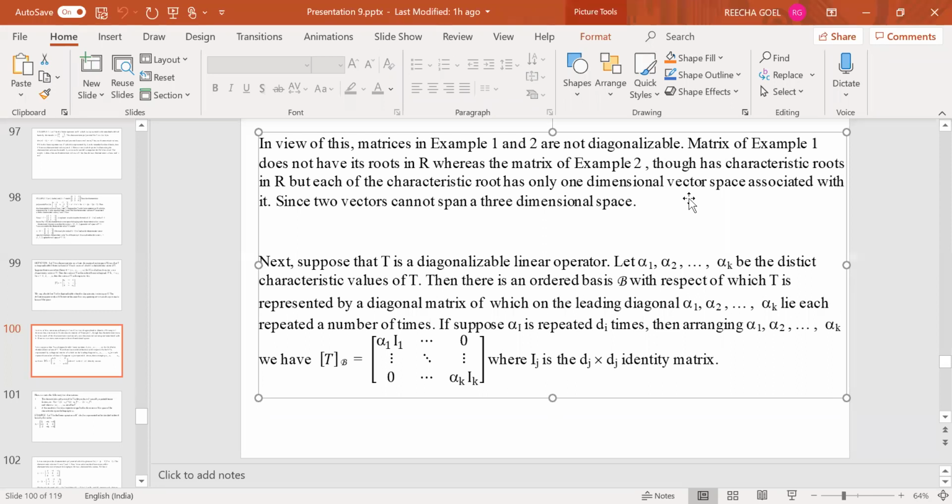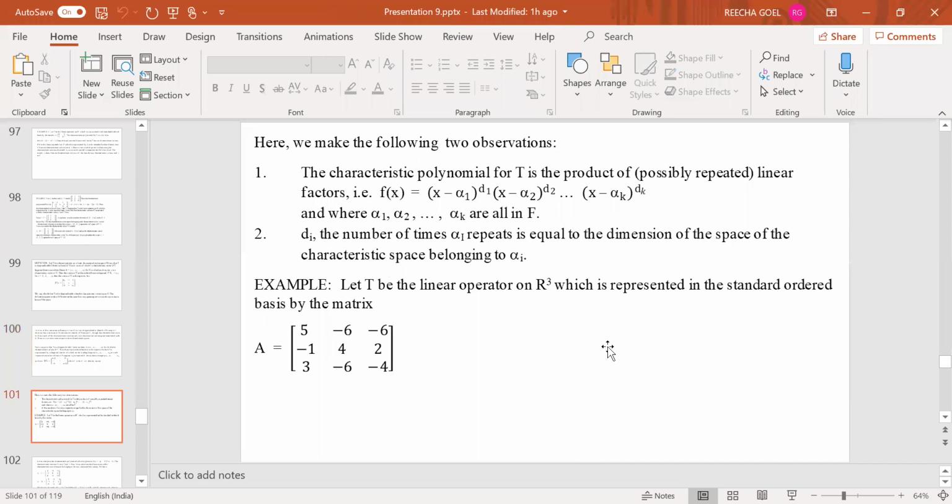On the leading diagonal, alpha 1, alpha 1, alpha 1 is going to be there, then alpha 2, alpha 2, alpha 2, alpha 3, alpha 3, alpha 3. So these I1, I2, Ik are basically unit matrices of order d1, d2, dk, where Ij is a unit matrix of order dj by dj.